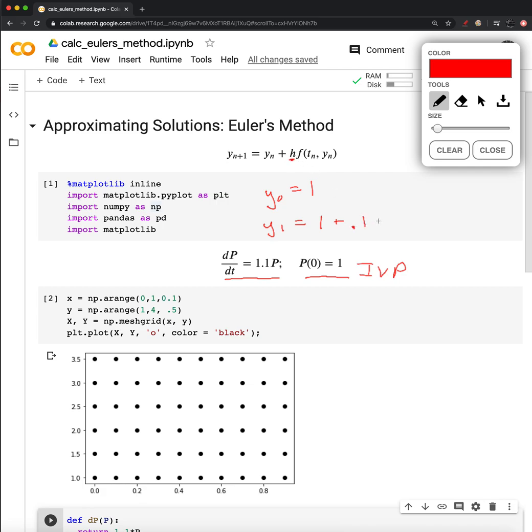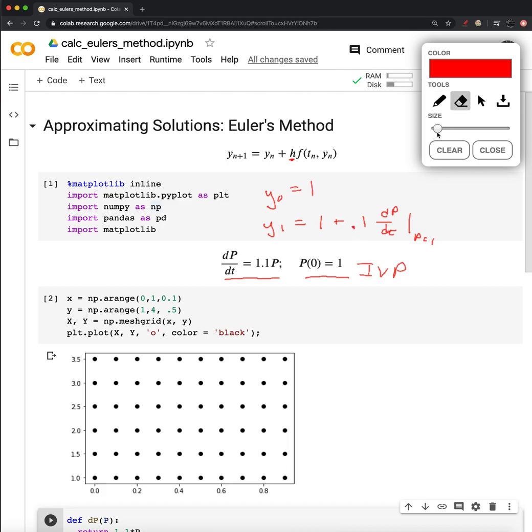So 0.1 times whatever the value of our derivative is evaluated at that time. And so this happens to be when p is 1. So it's 1 plus 0.1 times 1.1.